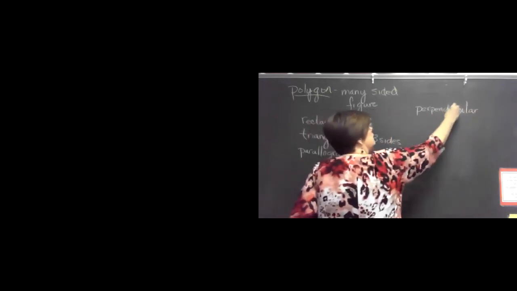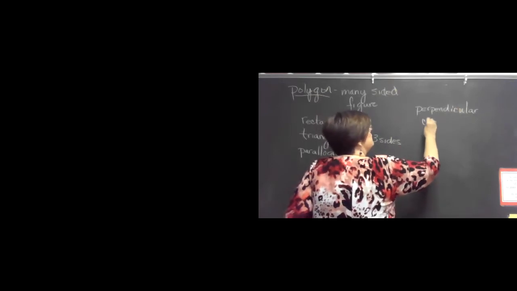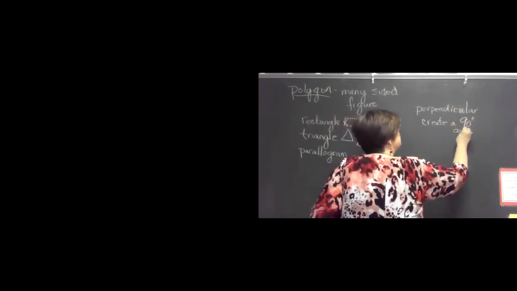Okay, perpendicular means it creates a 90-degree angle, okay? Perpendicular creates a 90-degree angle. And we indicate it by this little square, okay? Those are perpendicular. Anytime you see that little square, you know that this is 90 degrees.